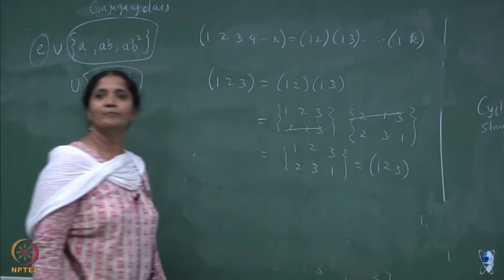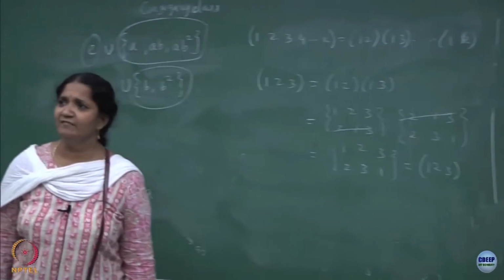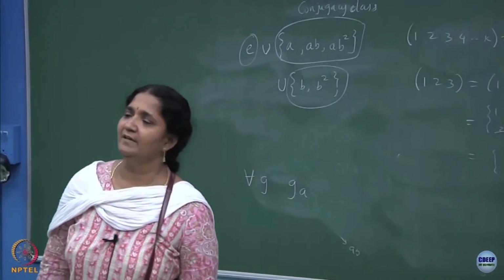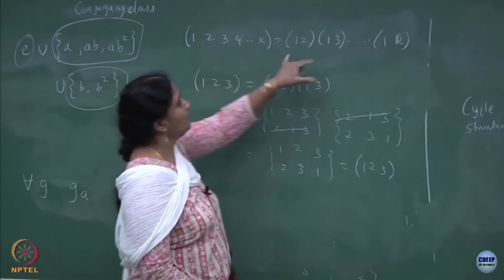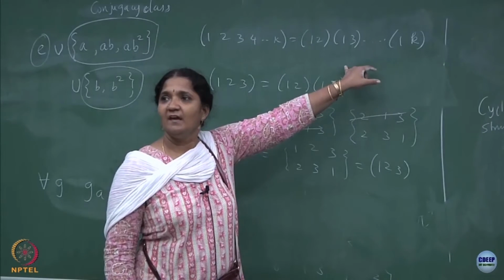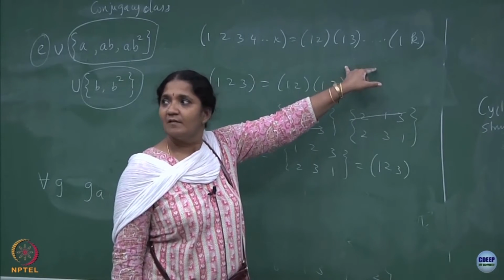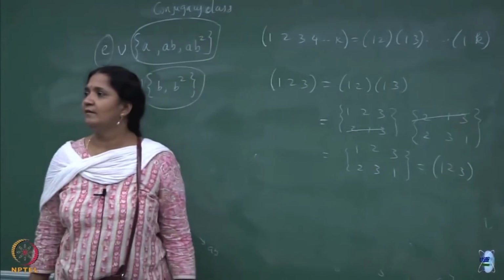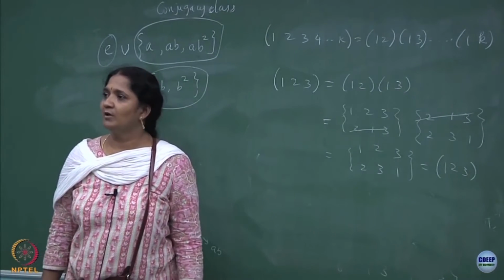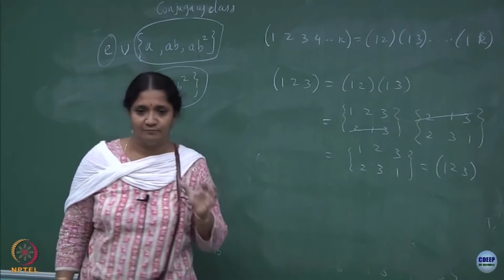Okay. So, I am just verifying the statement which I am writing, that a k cycle can be broken up into transpositions, and then just verifying that 1 2 3 is given by 1 2 multiplying 1 3. Okay.